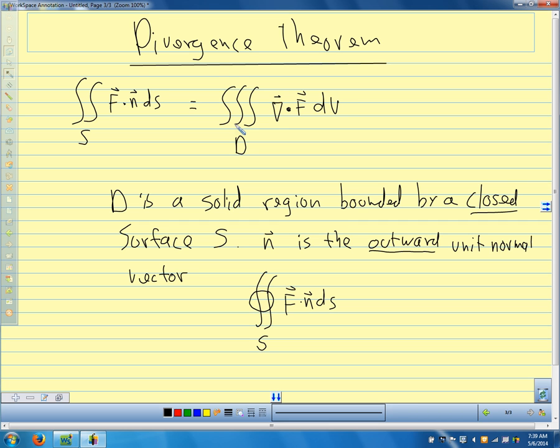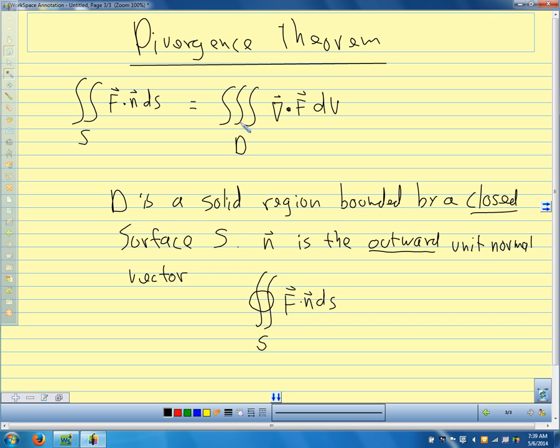So for the examples that we talked about, you were asking about the cube in the homework. The divergence theorem would apply to that cube because the cube is a closed surface. So rather than having to evaluate that surface integral for 6 different surfaces, the faces of the cube, we can evaluate the triple integral of the divergence of f over the volume of the cube. And the triple integral over a cube is pretty nice because our limits of integration are just constant.